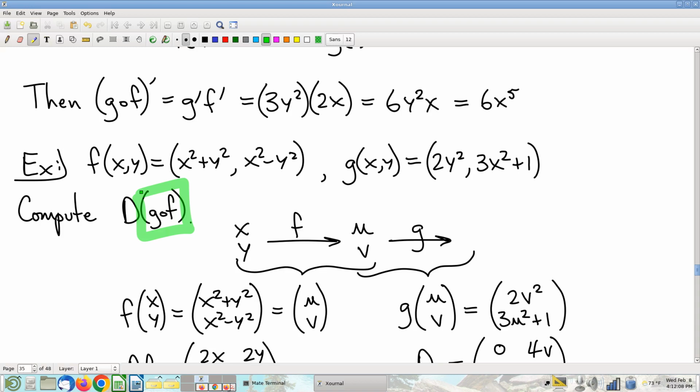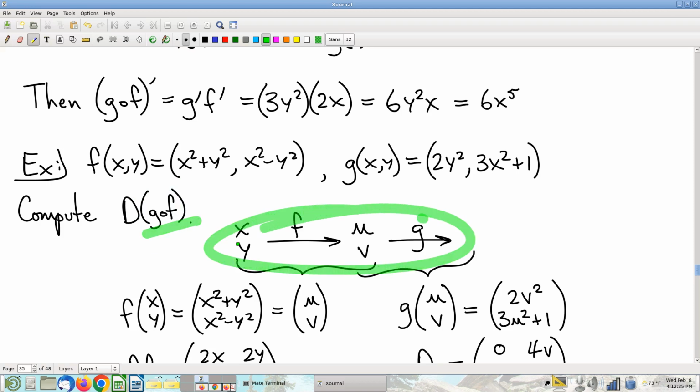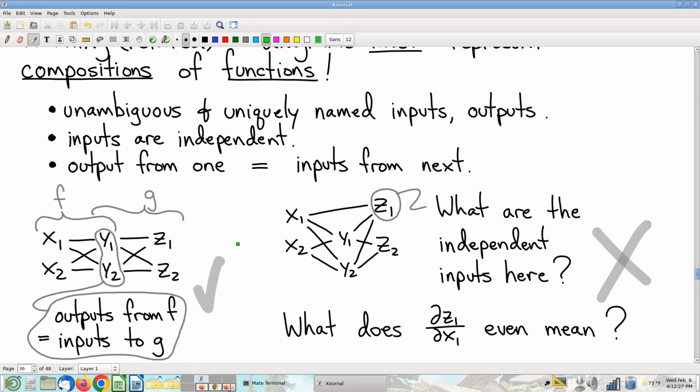If we're going to apply the chain rule, our chain rule, as we understand it, only applies if you are composing, which is a very precisely defined thing, functions, which are very precisely defined things. Right? So every time that we compose functions, yes, I can draw a diagram. It is not, however, the case that any time you can draw a diagram that this necessarily represents an actual composition of actual, strictly speaking, functions.